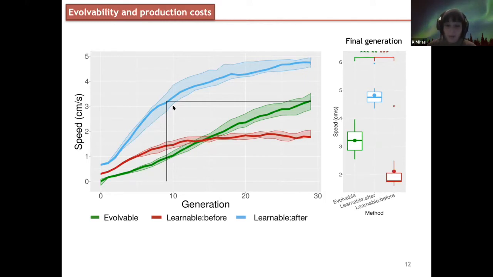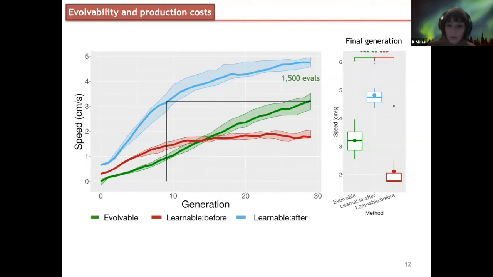But another thing we see is that the result that the only evolvable robots get at the very final generation, the same value is achieved, if you look at this black line, in around generation 9 or 10. So in 1/3 of the time, the learnable gets the same result. Again, at the cost of doing 100 times more evaluations.